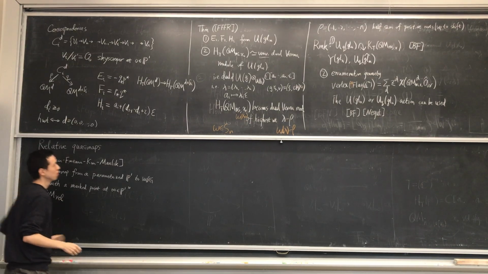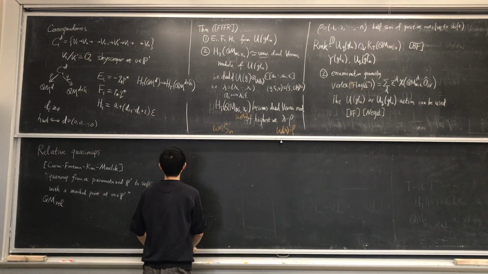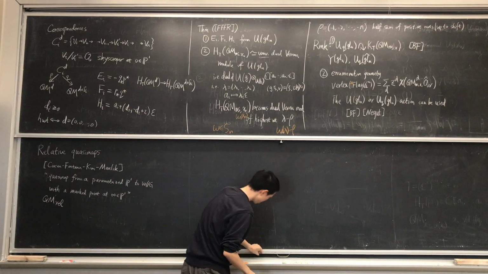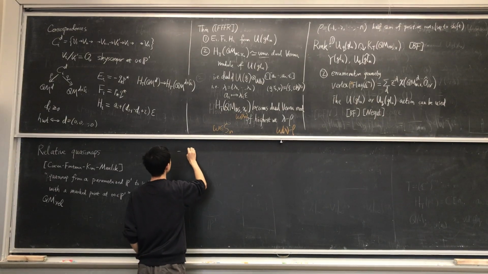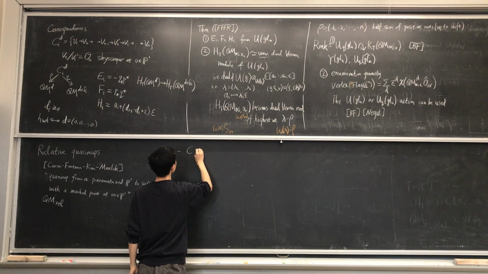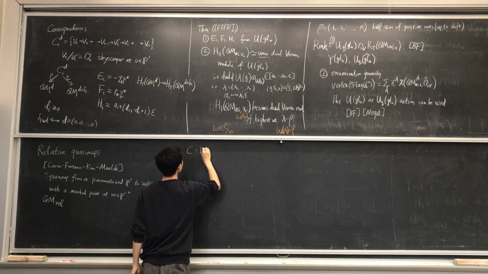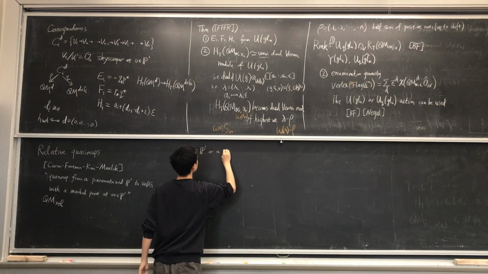So first, our domain curve C will be either P1 or a chain of P1.